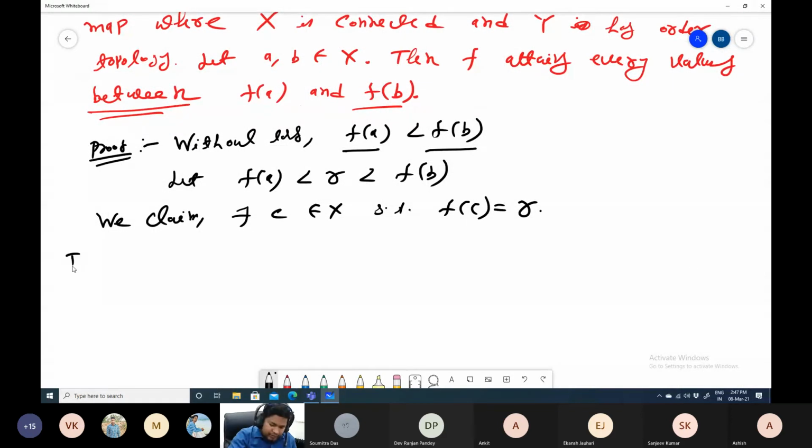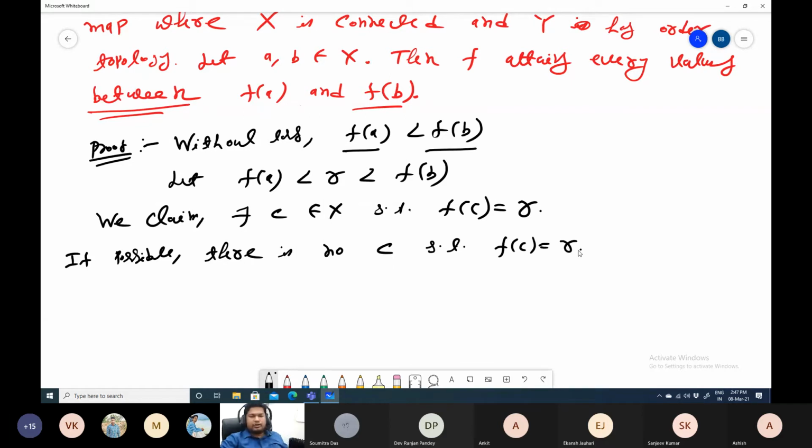Now, if possible, suppose there is no c such that f(c) equal to r. So we assume that there is no c at all for which f(c) equals r. Such a c does not exist. Okay, then what does it mean?